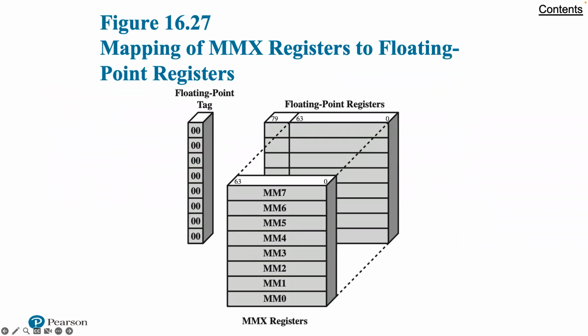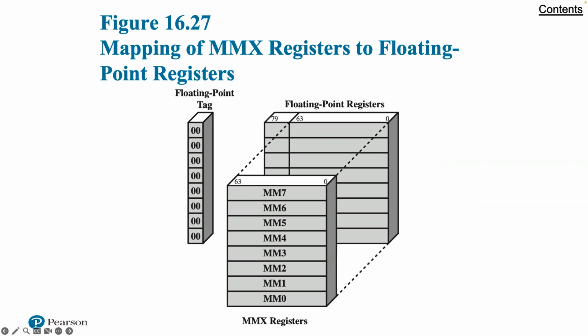So recall from section 13.3 that the x86 MMX capability makes use of several 64-bit data types. This is when we have some complicated multimedia type of things that we're trying to manipulate.